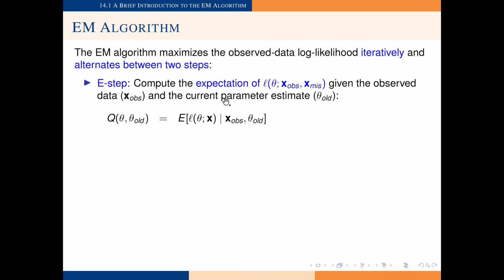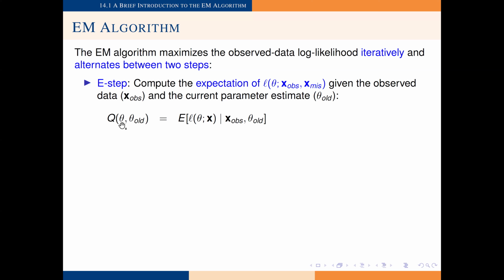And this is given the observed data and the current parameter estimates, which we call theta old. So theta old here is usually your theta estimate from the last iteration, just like our theta k in the case of optimization.